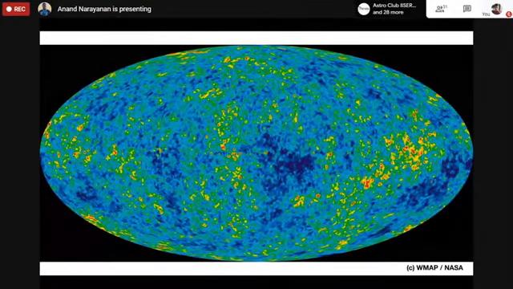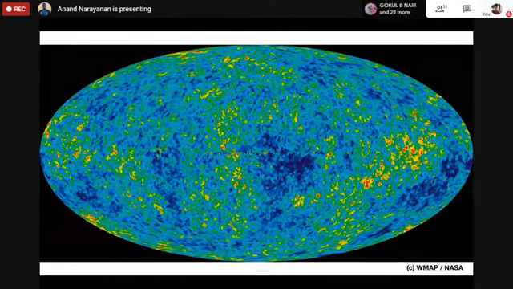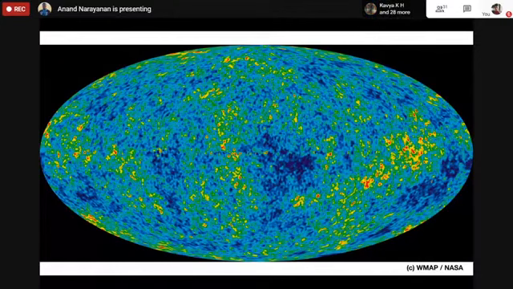It is giving us a picture of the state of the universe when it was just 300,000 years after the Big Bang, after the origin. So you are looking at a map of how the universe was 300,000 years after the Big Bang. And the hot and cold spots are telling us that the universe did not have a uniform density distribution at the time of last scattering, at the surface of last scattering.